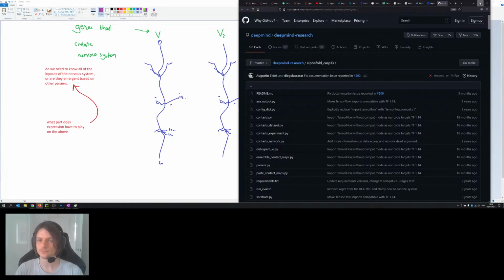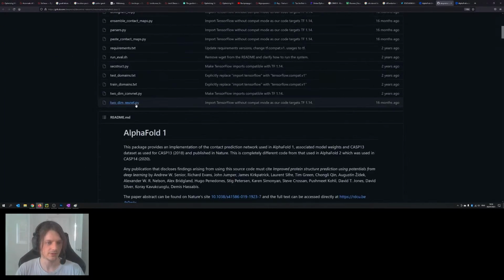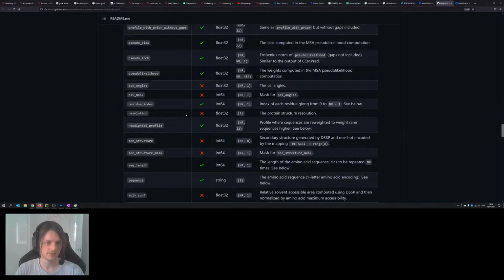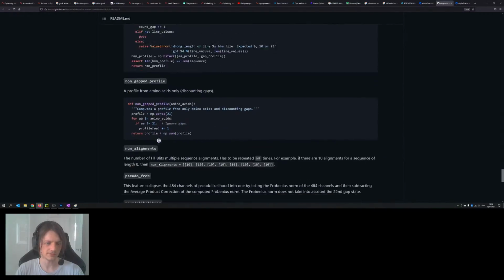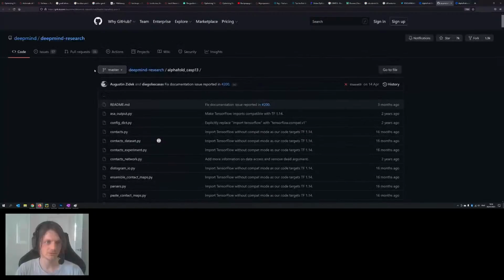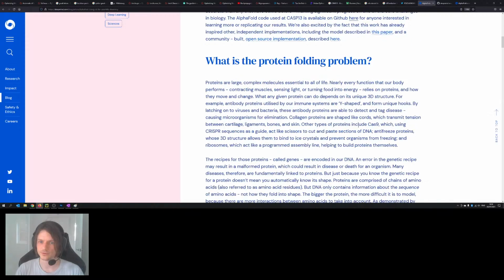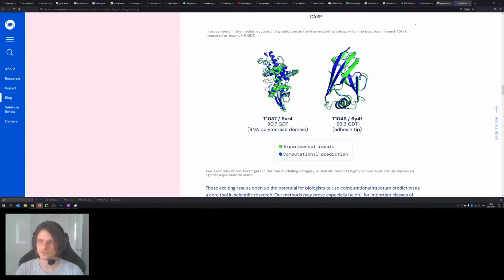Okay. Let's have a look through this. AlphaFold 2, please. Guess I haven't released that yet. CASP13. What was this one? CASP14, I think it was. Where's the, damn it.